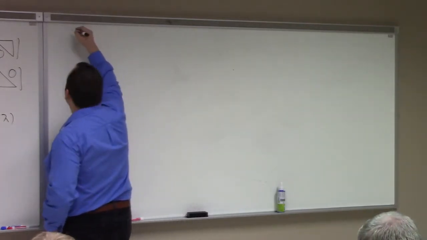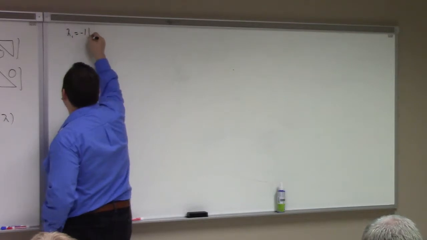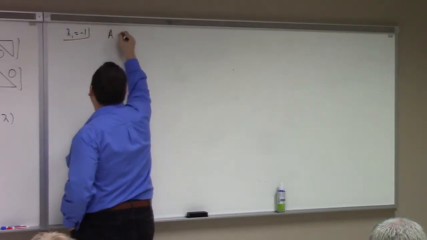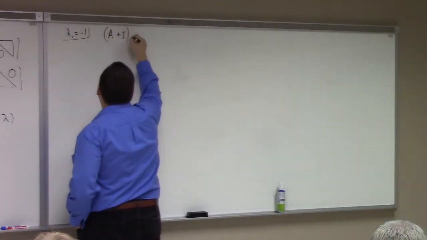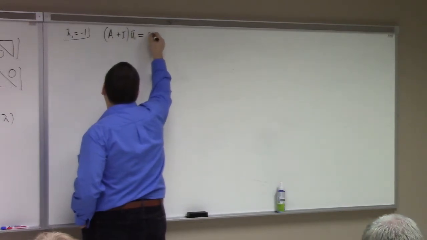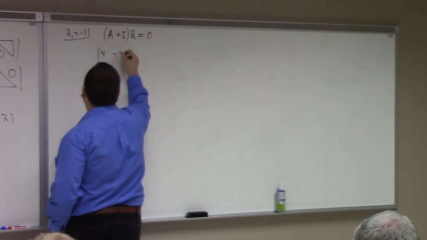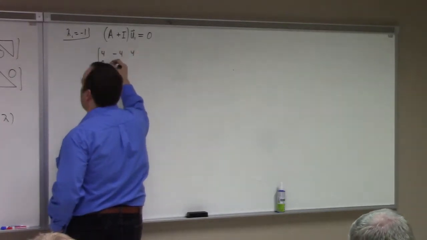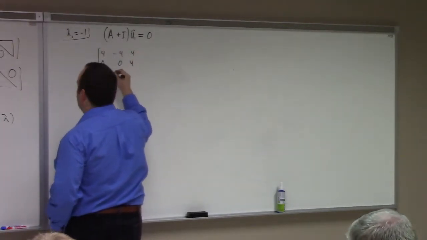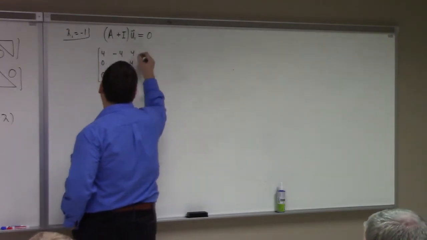Let's see here. So lambda 1 equals minus 1. We should solve A plus I, U1 equals 0, which is 4, minus 4, 4; 0, 0, 4; 0, 0, 4.